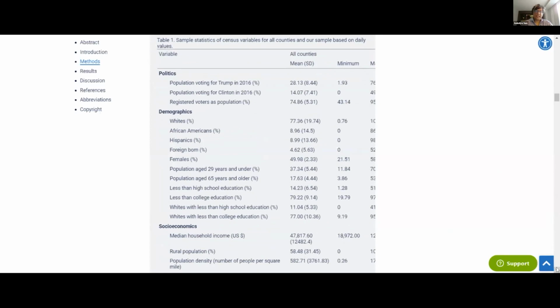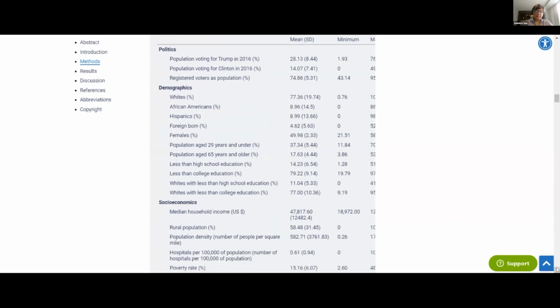What I did is that here's the demographic variables. So this is based on the 2016 census. My research design was that I would run the clustering.